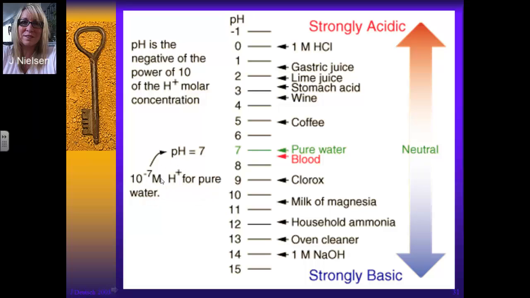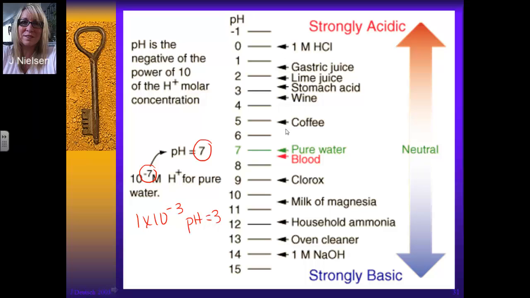So if I told you that the concentration was 1 times 10 to the negative 7, you could simply take the negative log of that and you would get a pH of 7. For purposes of this class, honestly, you can look at the exponent and it will give you the pH. So if I say 1 times 10 to the minus 3, that's really a pH equal to 3.